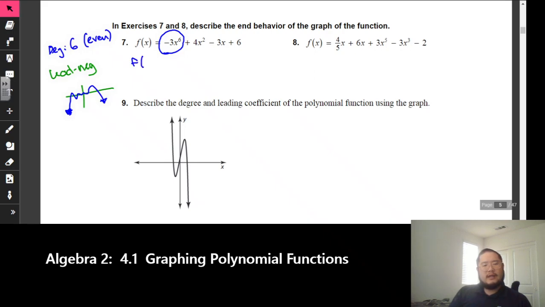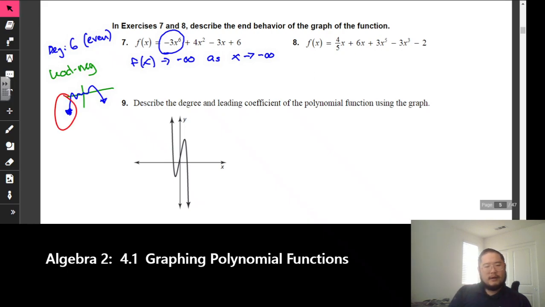So, let's go ahead, we'll start with, let's say as f of x goes towards negative infinity, okay? And we could be talking about this side right here, because it is going down. Well, when is it going down? As x leads to negative infinity as well, right? So we're talking about this side right here on the left.